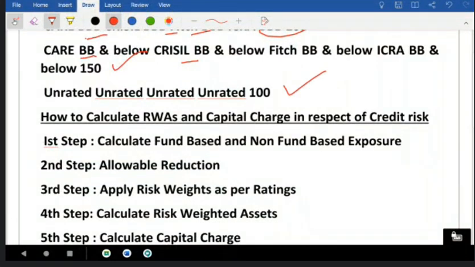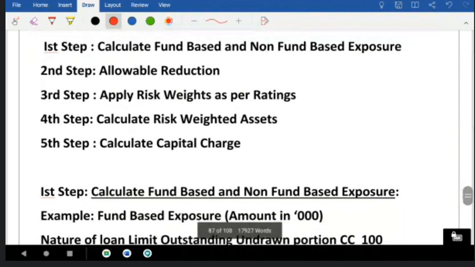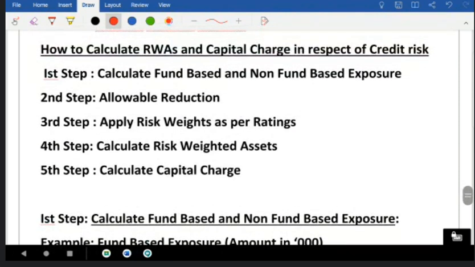Now, how to calculate is a very important point. How to calculate RWA and capital charge in respect of credit risk? We'll do the numerical also. First, we'll see the steps. Number one, calculate fund based and non-fund based exposure.